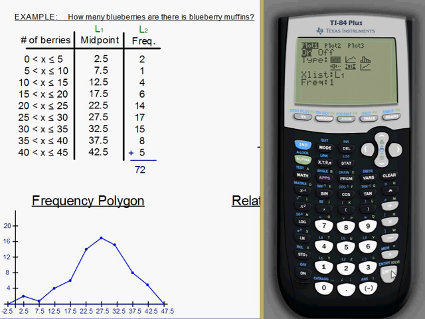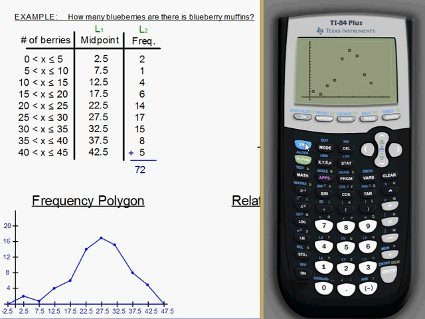Just the dots is a scatter plot. Notice when I hit enter that this is going to change, because now I have both x and y for scatter plot, and it conveniently is L1, L2. Check my window settings. If I go from -5 to 55, that's going to be fine for this scale. And my y max is 20, perfect. So if I hit graph, there's my scatter plot.